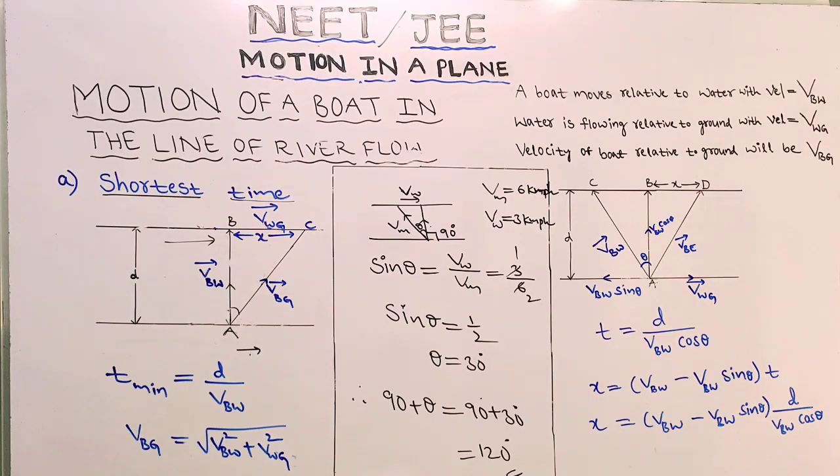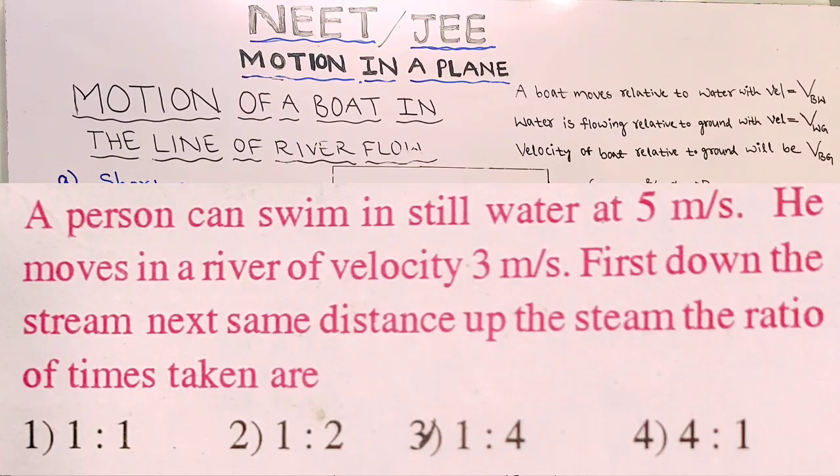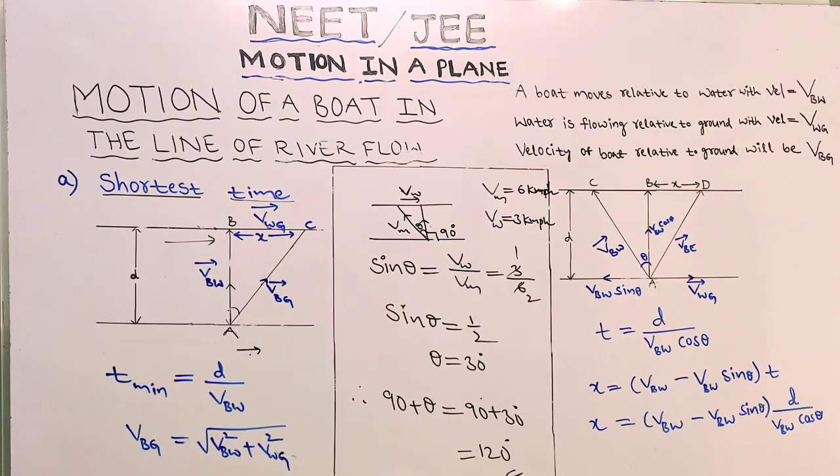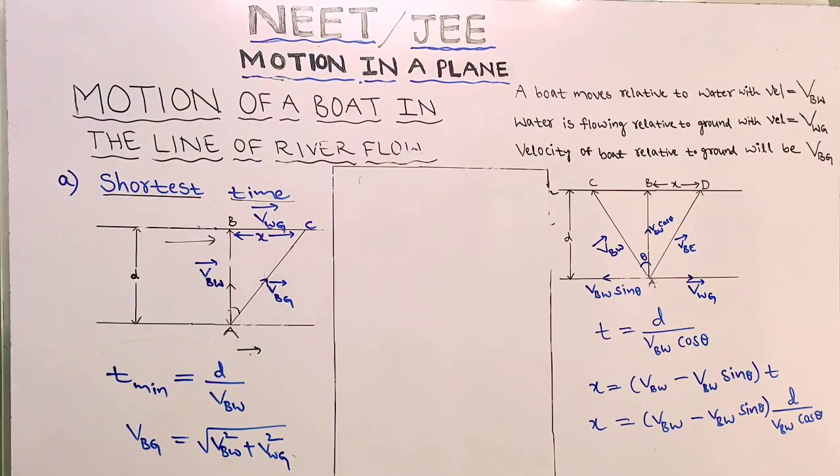Observe here: a person can swim in still water at 5 meters per second. He moves in a river of velocity 3 meters per second. First downstream, next the same distance upstream; the ratio of times taken. We know that.